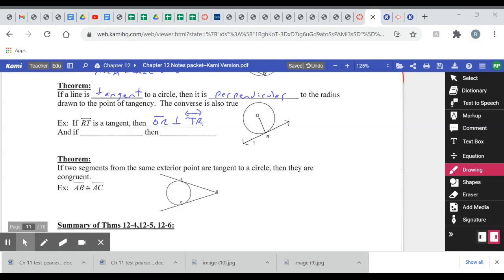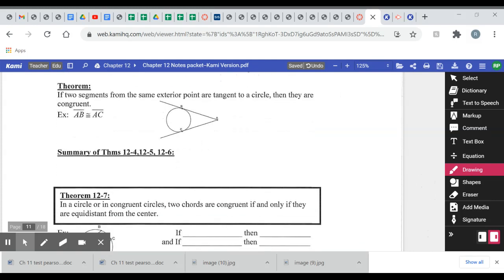So we know that if TR is a tangent line, then these have to be right angles. And the converse is also true: if segment OR is perpendicular to line TR, if we knew that to begin with, then we would know that RT is a tangent line. So both ways work.